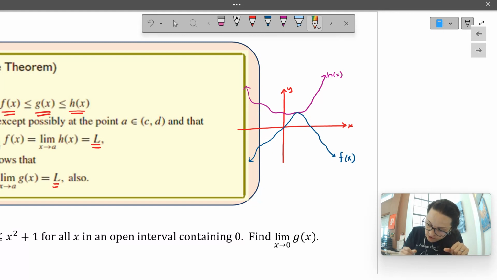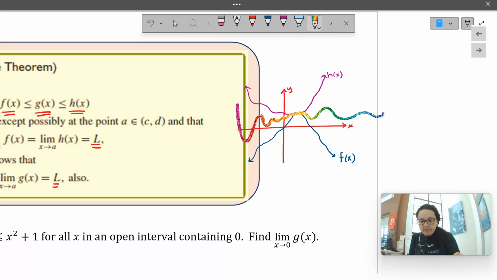And then I also have this graph of g that's always between them. If f and h both equal some value L, then guess what? g also has to equal L, because if it's between them, it's still between them.